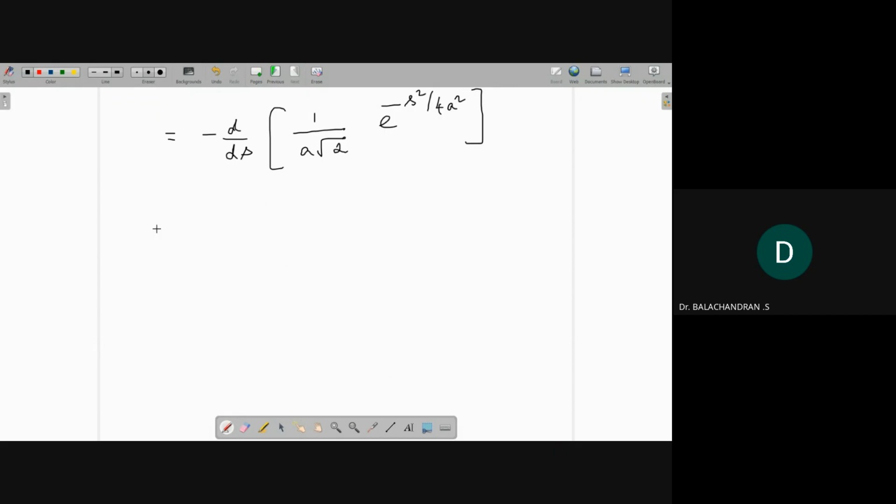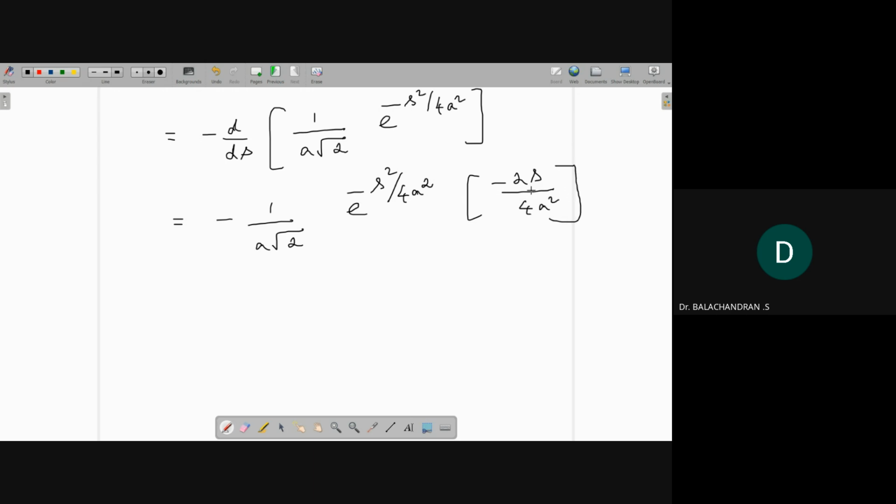Now if you differentiate, you get minus 1 by a root 2. If you differentiate e power x, you get e power minus s square by 4a square into minus 2s by 4a square.